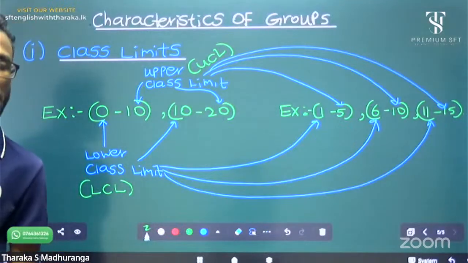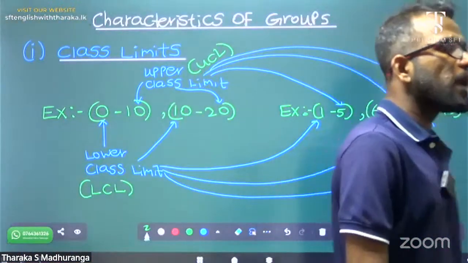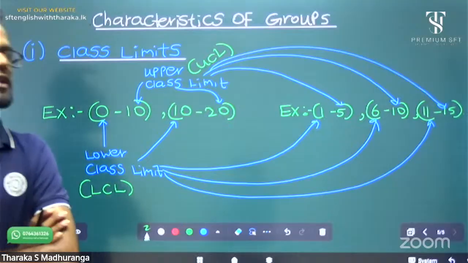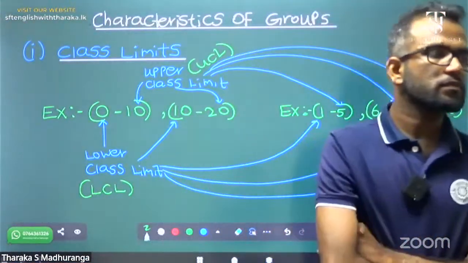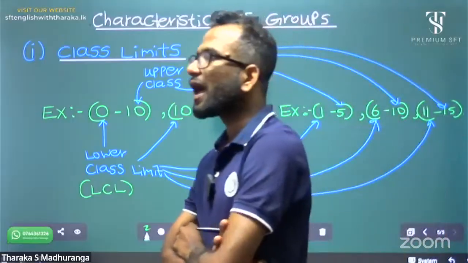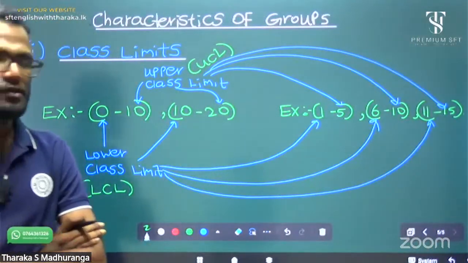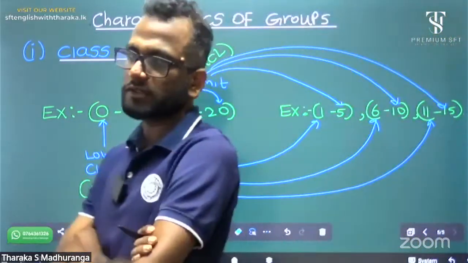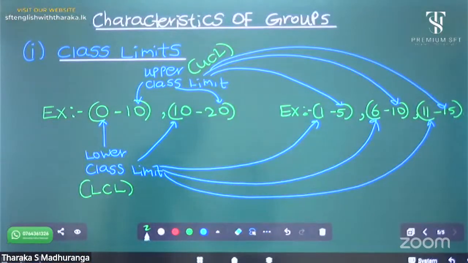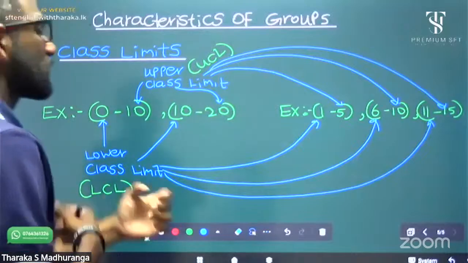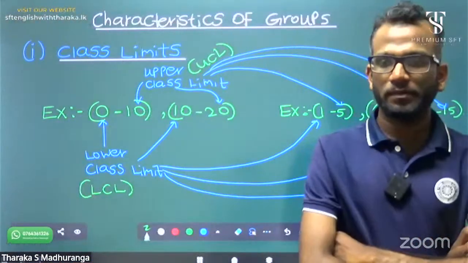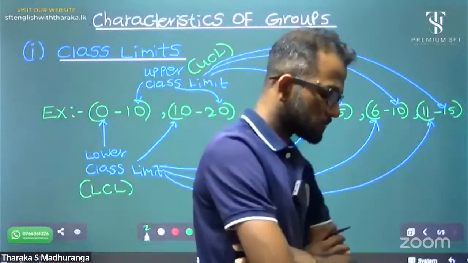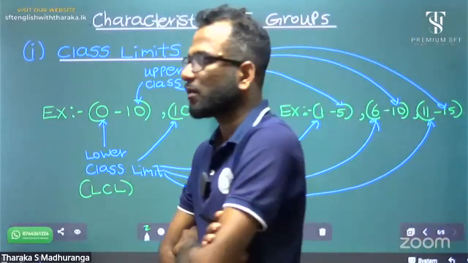Write down, star mark, the definition. The maximum and minimum values of any group are called class limits.